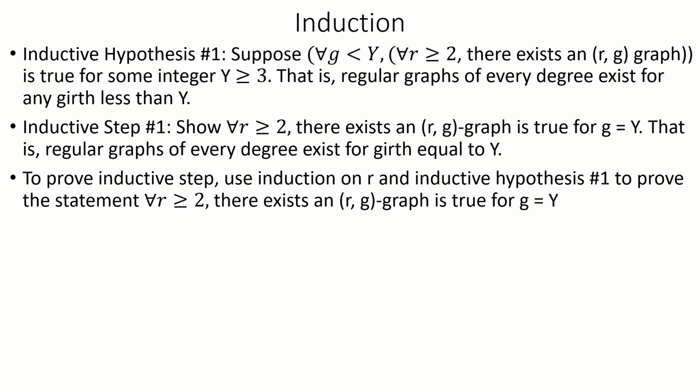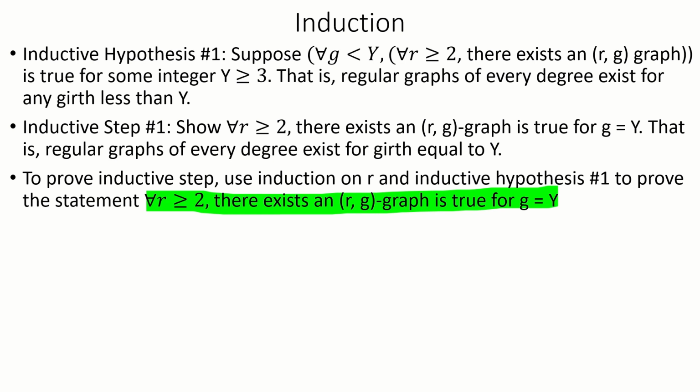To show that the existence of RG graphs for girth less than y implies the existence of RG graphs for girth equal to y, we're going to perform induction again, this time on degree R. The result of this second induction will be that for any R greater than or equal to 2, there exists an RY graph.